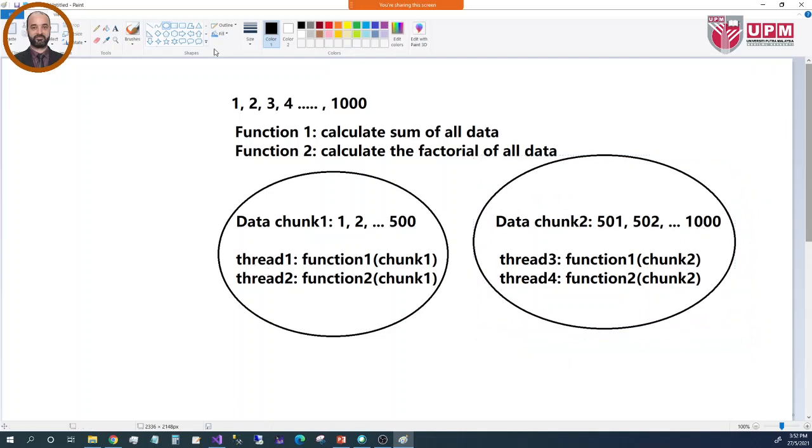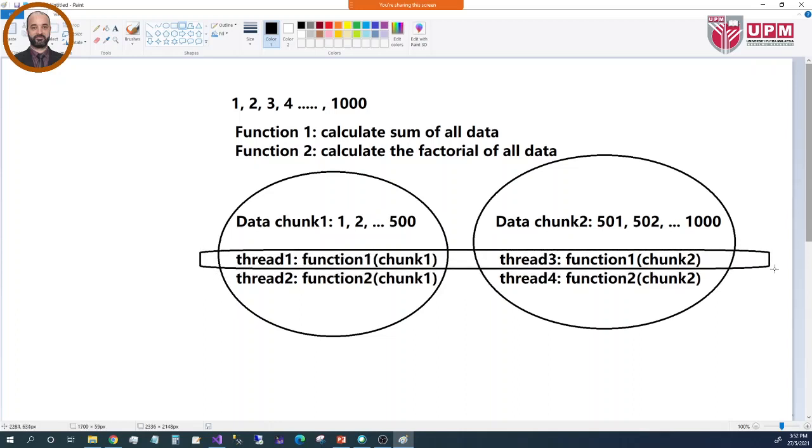Then we have another decomposition, which is based on the functions, right? So this is a functional decomposition. Here it is based on function 1, and this is based on function 2, right? Is that clear, guys?